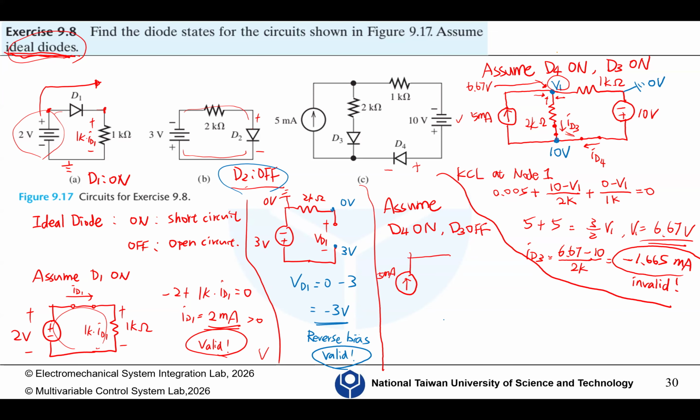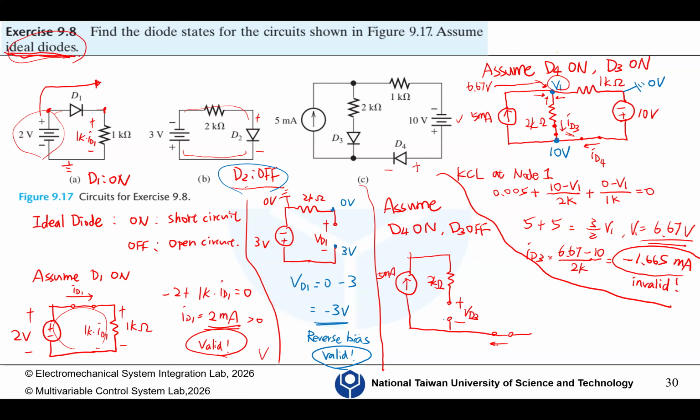circuit diagram. So we have this 2K ohm. So this is off. Then you have positive, negative, VD3, and D4 is on.